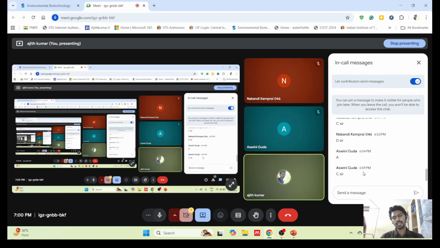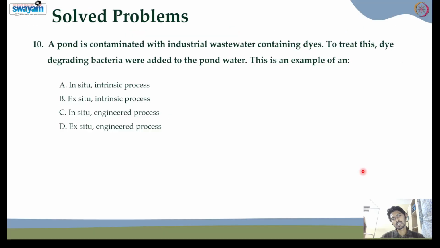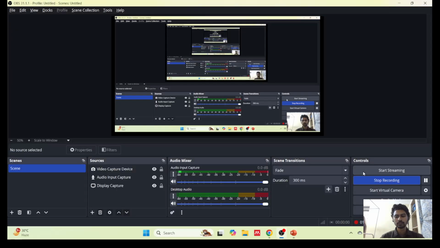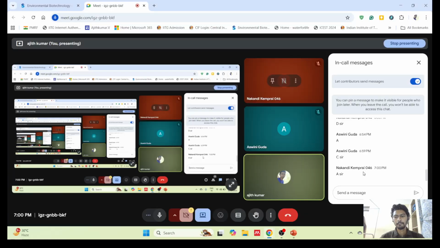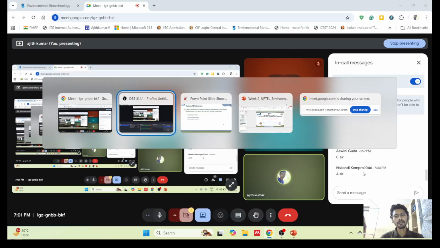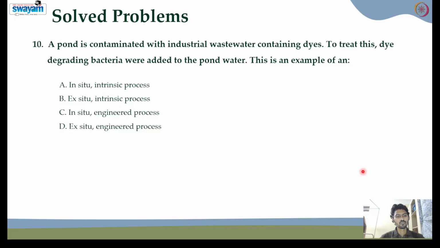Option C. Okay. Any other answer? Option A. Okay. In situ intrinsic, in situ engineer.